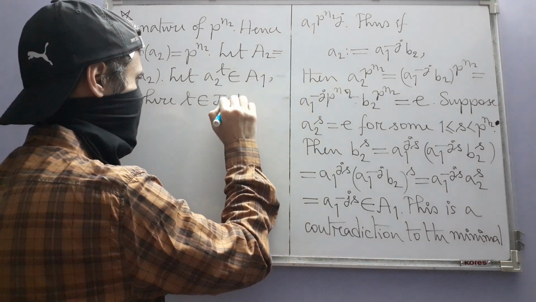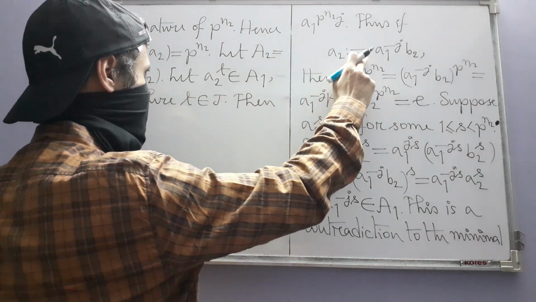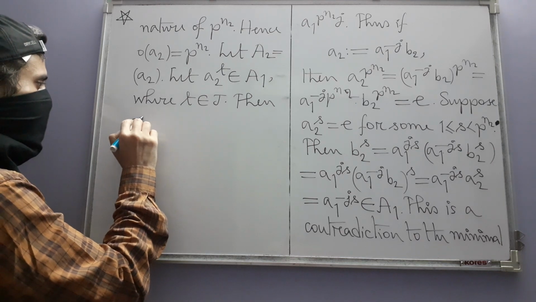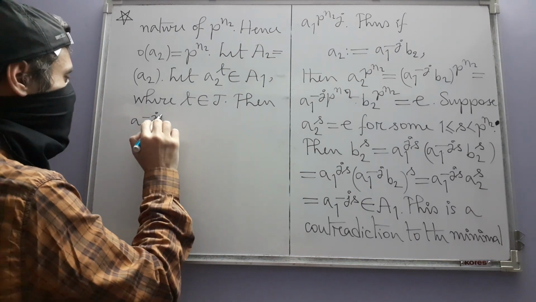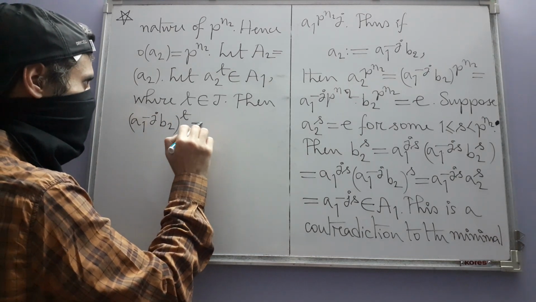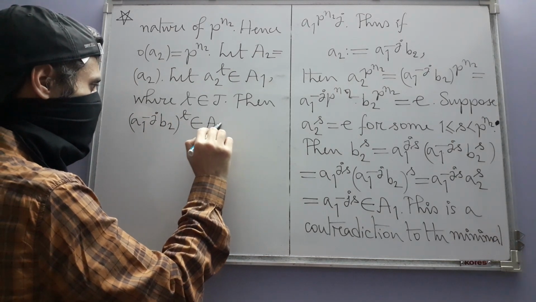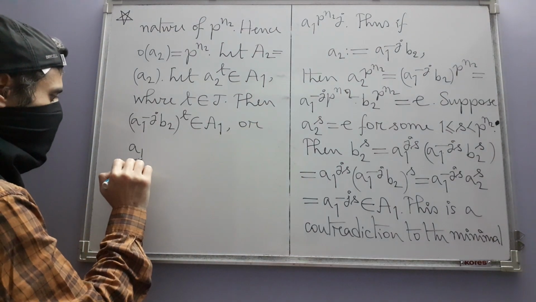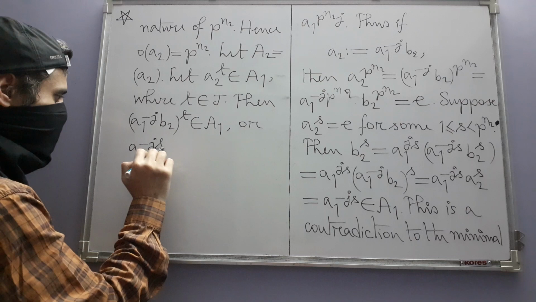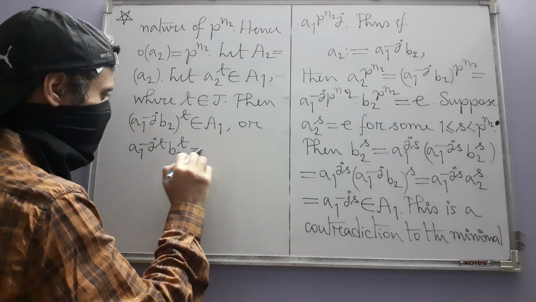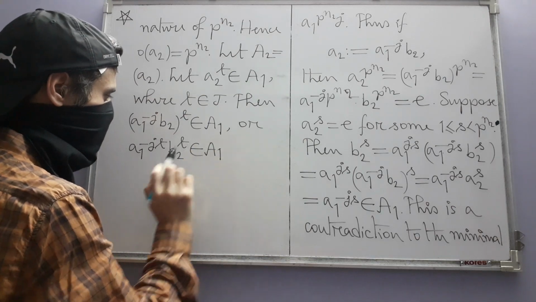Then using the definition of a2, that is a1 to the power minus j times b2 whole to the power t belongs to A1, or a1 to the power minus jt times b2 to the power t belongs to A1.